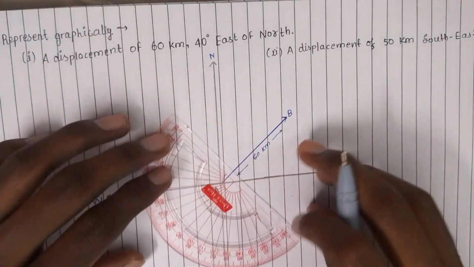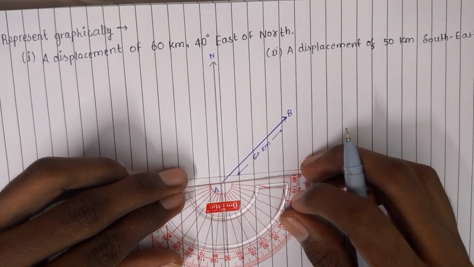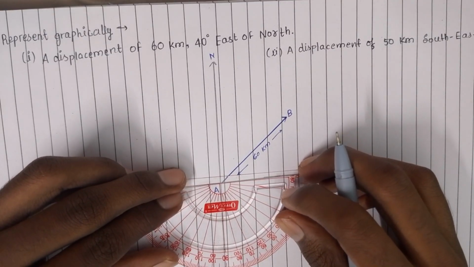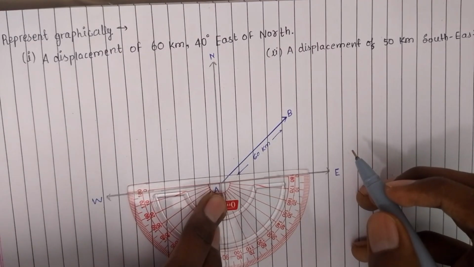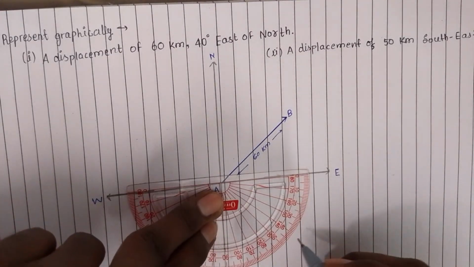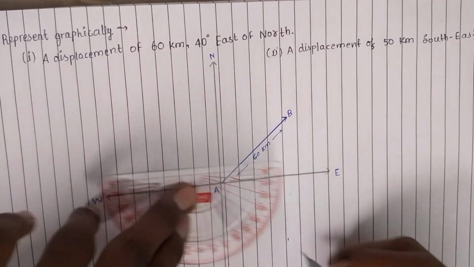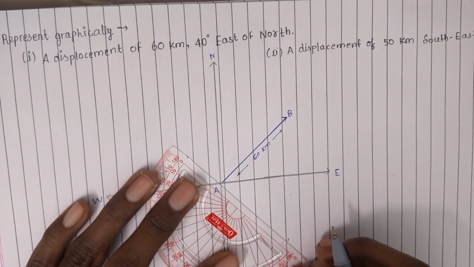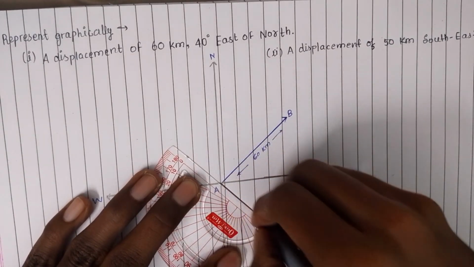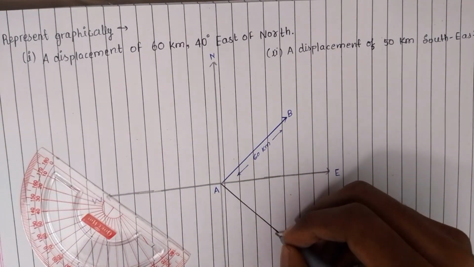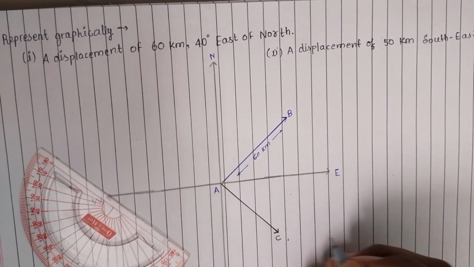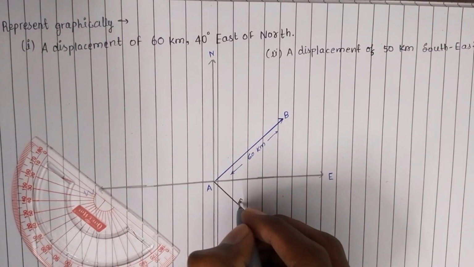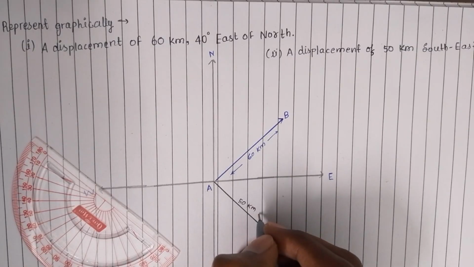We will just go to southeast and keep the protractor like this and go for a displacement of 50 kilometers southeast, means exact, but just a bit shorter because it was 50 kilometers. And let's name this point C. This is 50 kilometers.